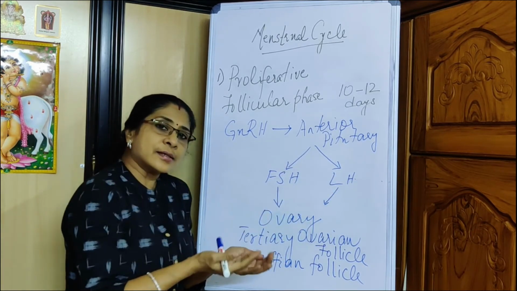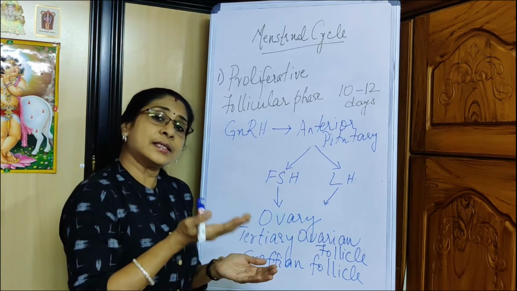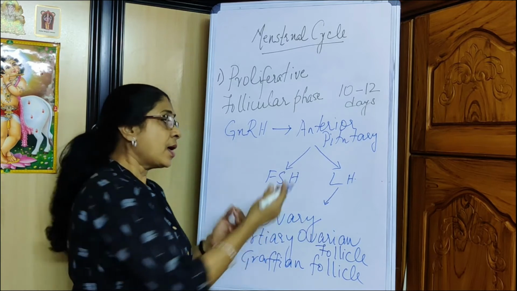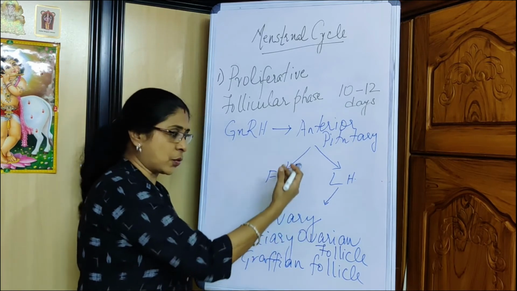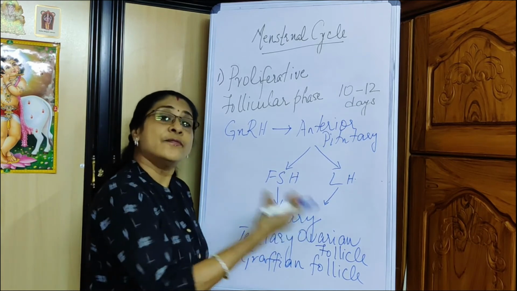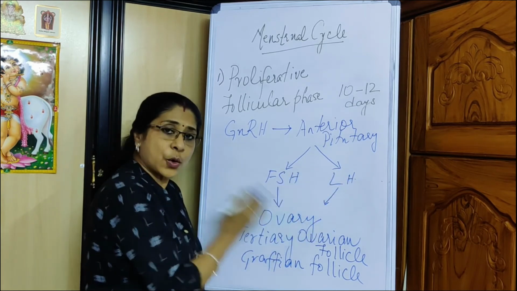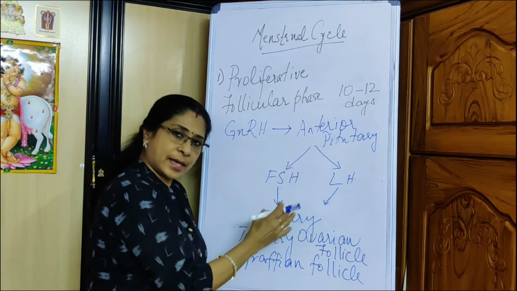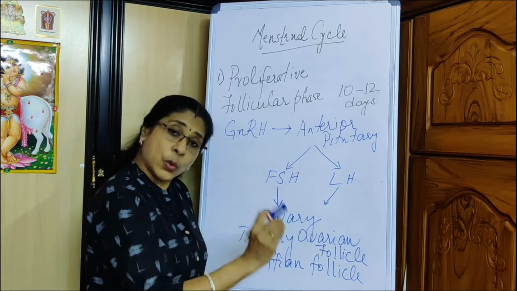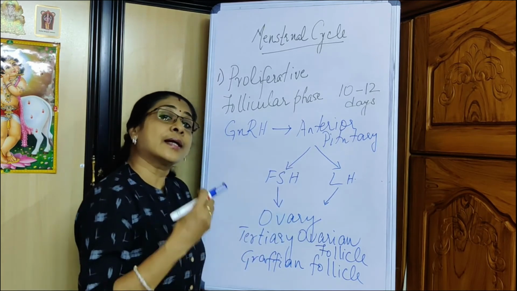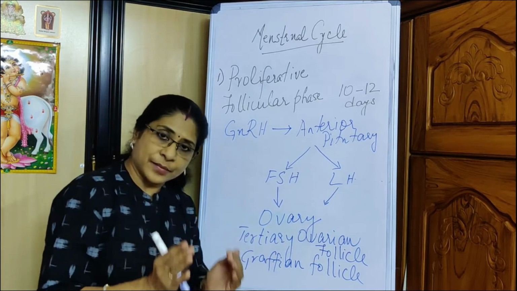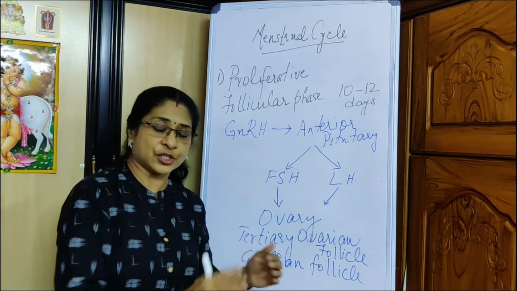So gradually there is an increase in the titer value of both these hormones in the bloodstream. These hormones reach the ovary. That's the site of influence of the hormone, the ovary. So the FSH and the LH reach the ovary, and within the ovary you may recollect that there are ovarian follicles developing, the primary to the secondary to the tertiary.